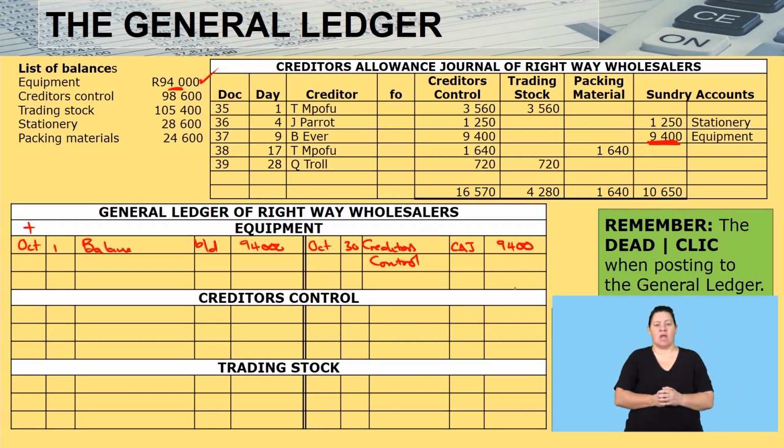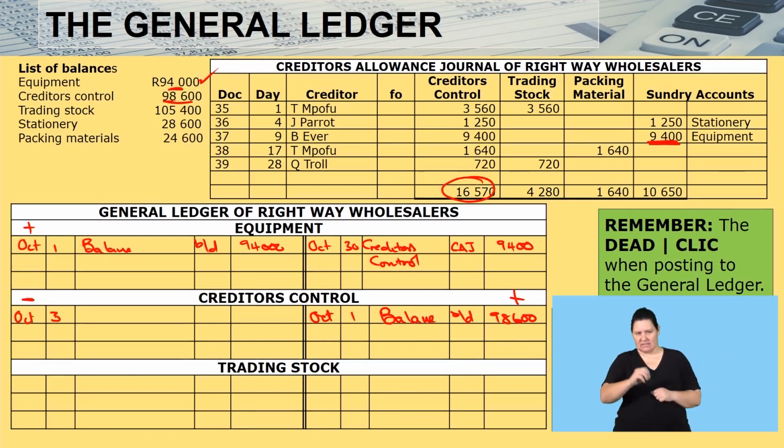Creditors control. Creditors control is a liability. So it increases here, it decreases there. So I'm going to come and say, October, that is the first, my balance brought down, creditors control, 98,600. You have my 98,600. Do I have any allowance? Yes. There is the amount, 16,570. So I'm coming here to say October 30.